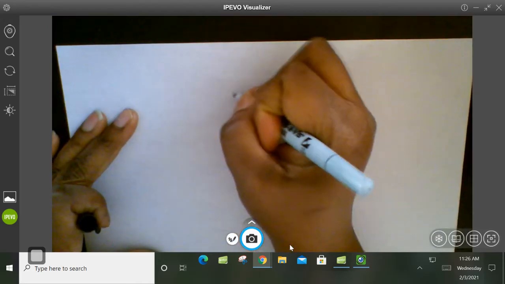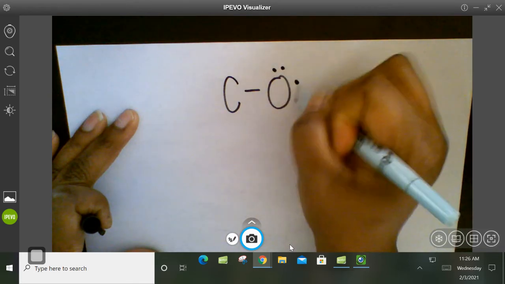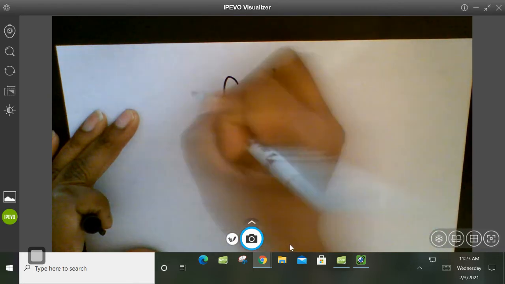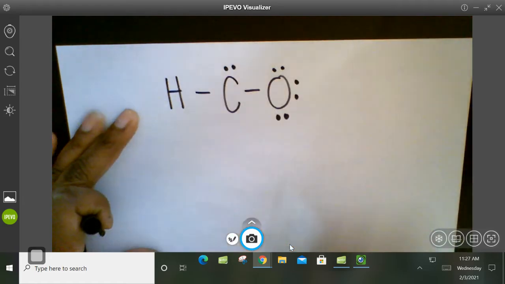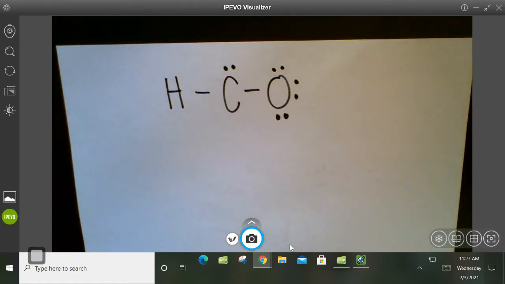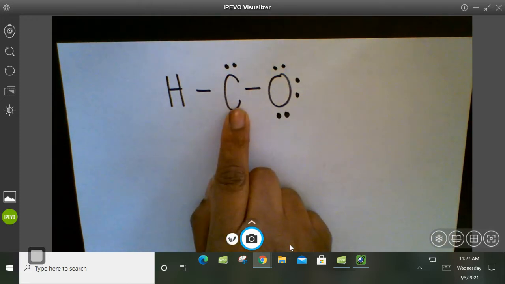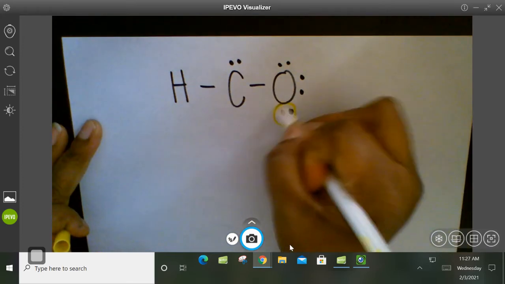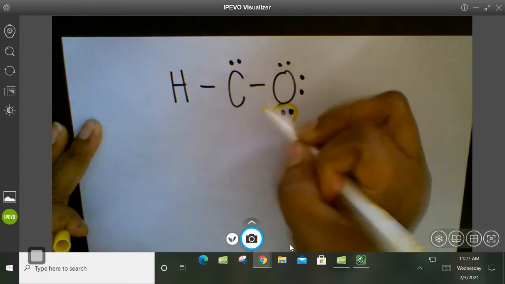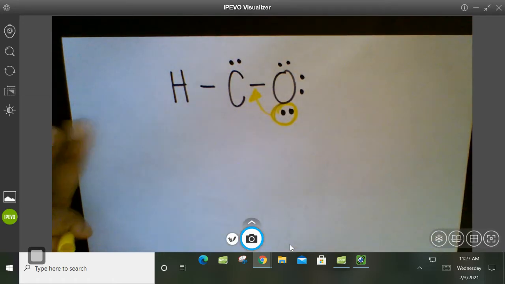So here we go. I got my C, my O, 2, 4, 6. I had 2 right here, and then I have my H. Okay. So what I'm going to do, because I do not have an octet around the carbon, I'm going to take one of the lone pairs from the oxygen, and I'm going to make it a bonded pair.